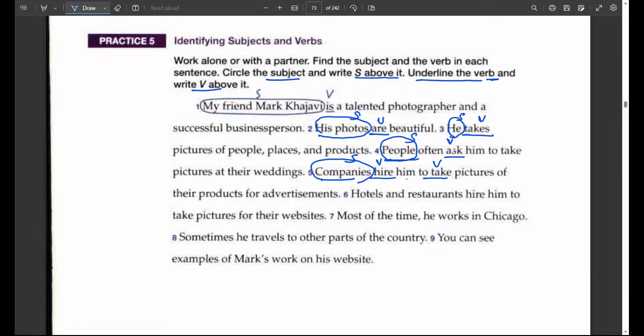He's also taking photos, but him is not a subject. It's an object pronoun.